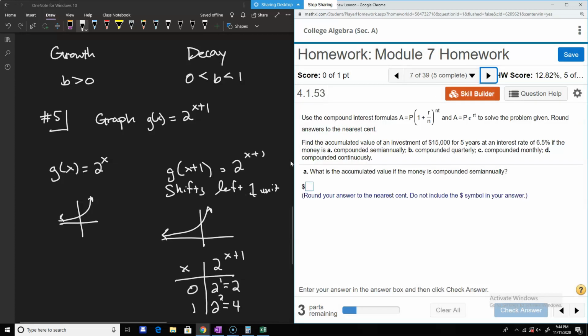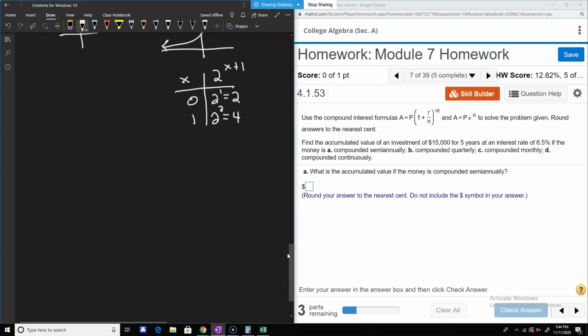Okay, so we have these two compound interest formulas. As I said, they experience exponential functions as well. So for number 7 here, there are two formulas for interest. If it's compounded a certain number of times per year, it's a finite compounding interest formula. And if it uses the word continuous, we use the continuous formula.